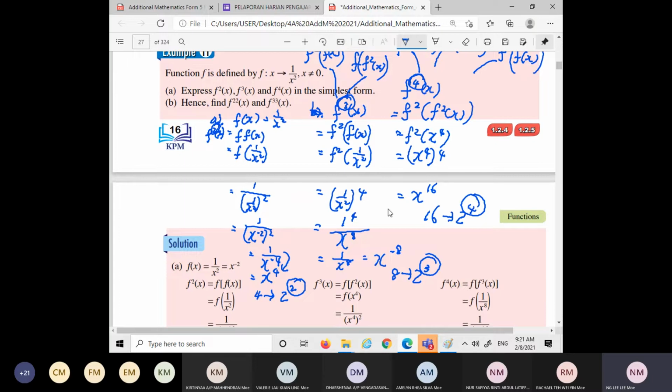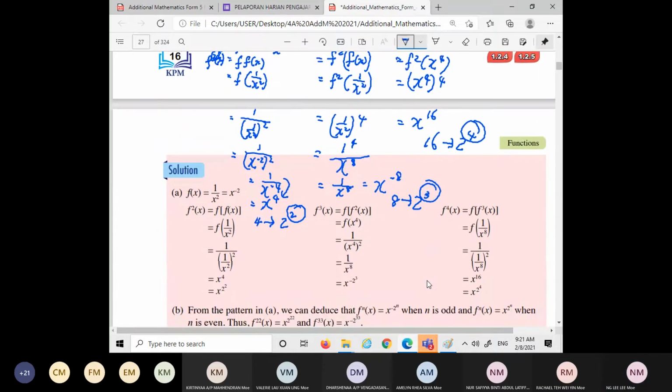Okay, now what is F22? F power 22. You see, this is B, F power 22. So the answer will be X power what? If this is 22, the power will be 2 to power of 22.